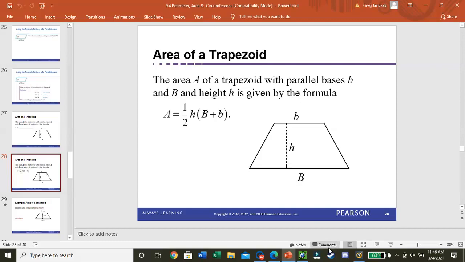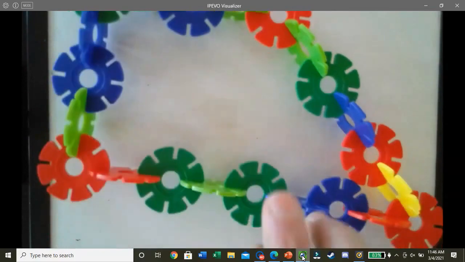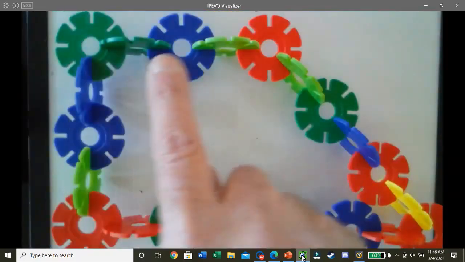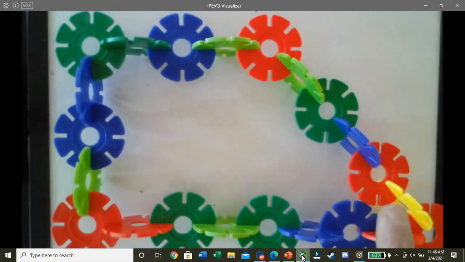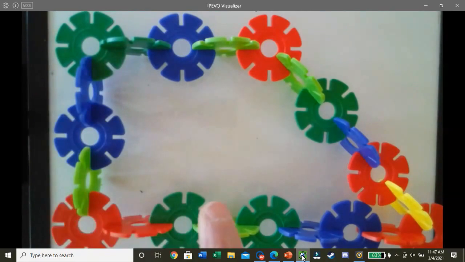So this is one way of looking at a trapezoid. Another way of looking at a trapezoid is this figure here, where again one side and the other side are parallel, but in this case, one of the angles is 90 degrees, and that's okay.